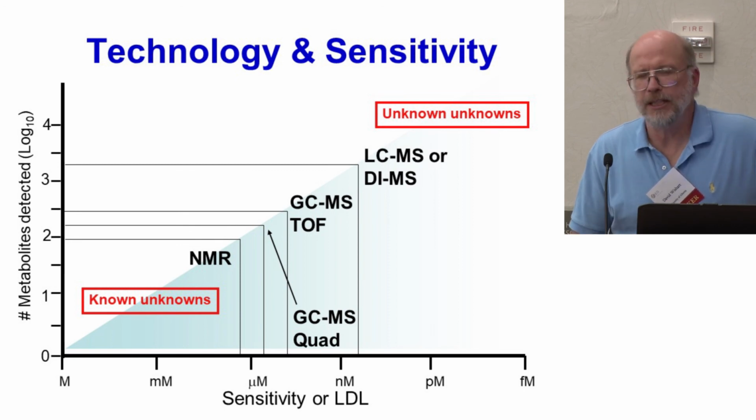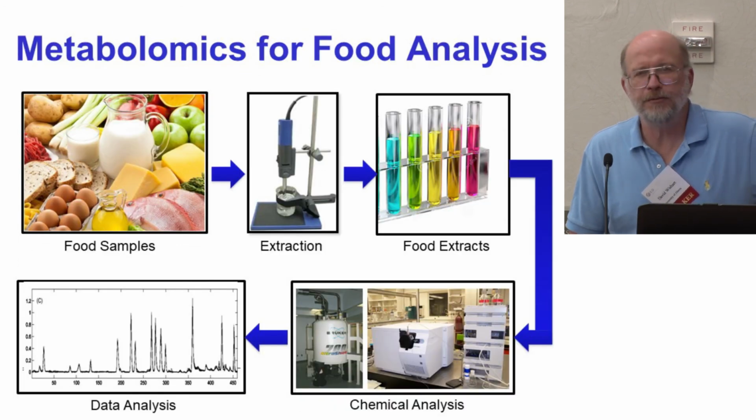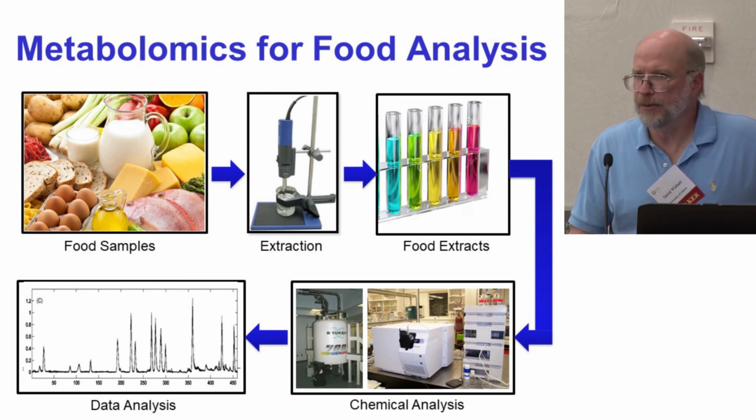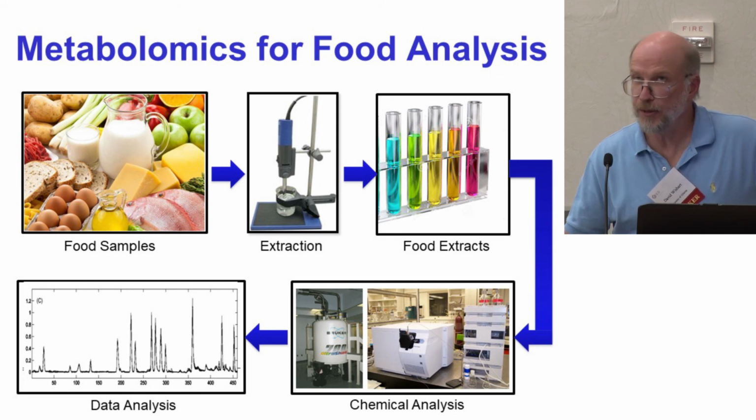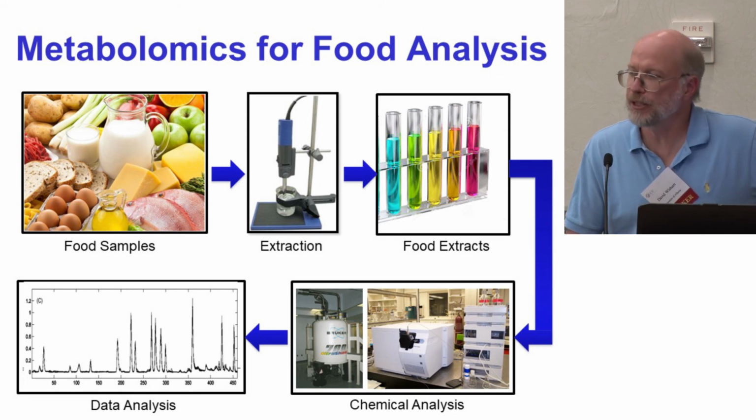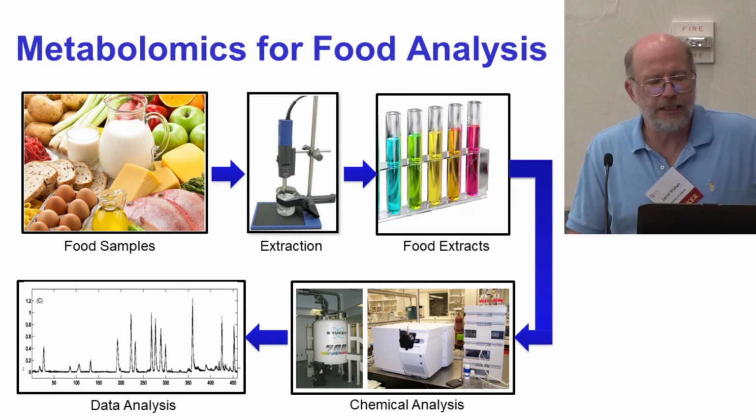Now, metabolomics can be and is being applied to food analysis. The workflow is a little different in that instead of working with tissues from a living organism that you wouldn't eat, you're looking for tissues of organisms that you do eat. You'll look at plants, you'll look at meat, you'll look at grains, oils, milk. In some cases, if it's solid, you'll extract.